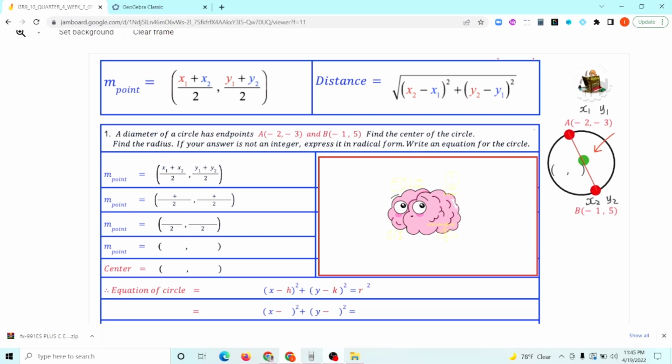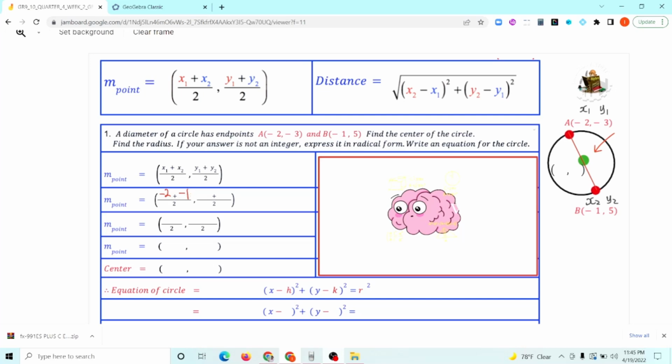So what's my x sub 1? My x sub 1 is just -2. What's my x sub 2? My x sub 2 is -1. Sorry, it should be the other way around, my bad. So x sub 1 is -2, and x sub 2, that's -1.